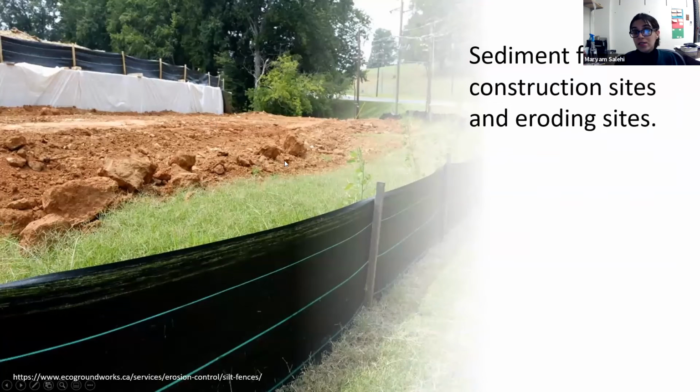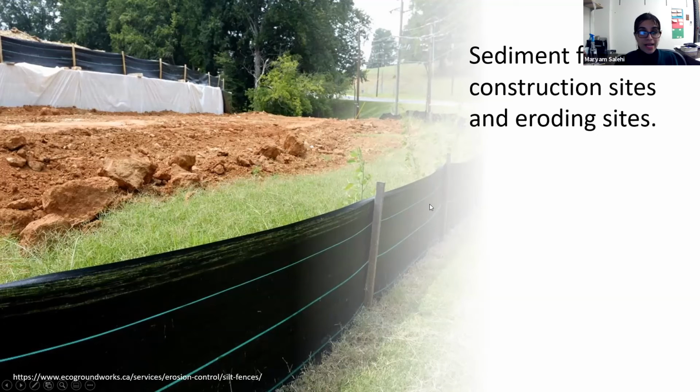We have the construction site. One of the major problems with construction sites is erosion and releasing lots of sediment out of the construction site. And when we have rainwater, the rain droplets separate the soil particles and release those into the stormwater.